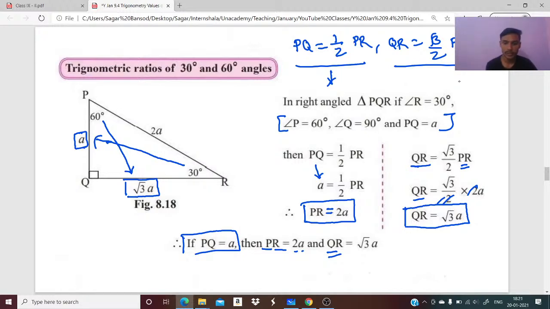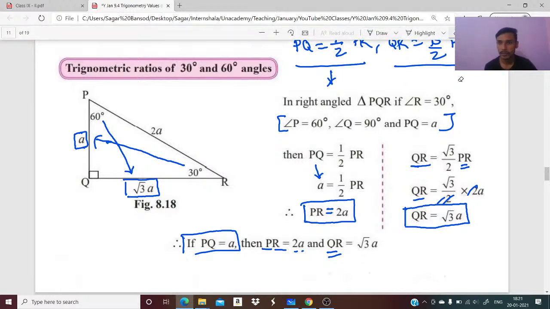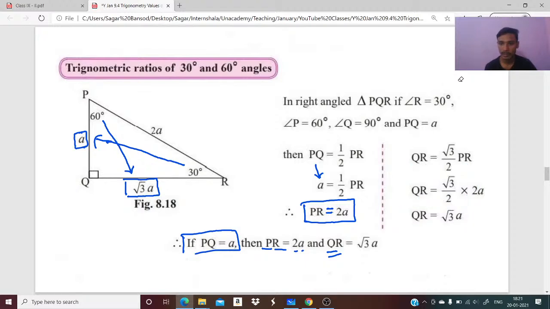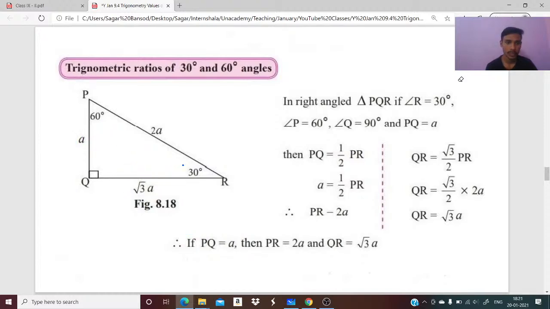Let me first erase all the things here so that my sheet will be clear. Yeah, now they are cleared.